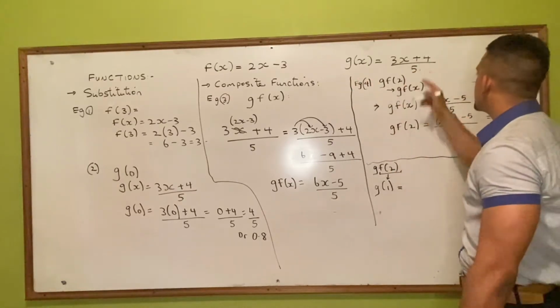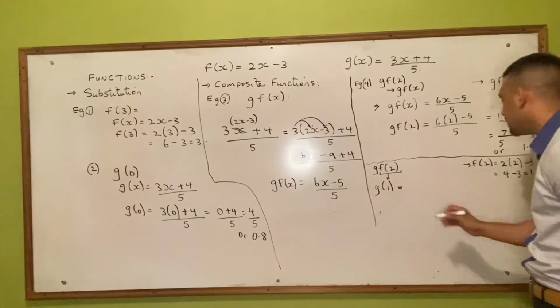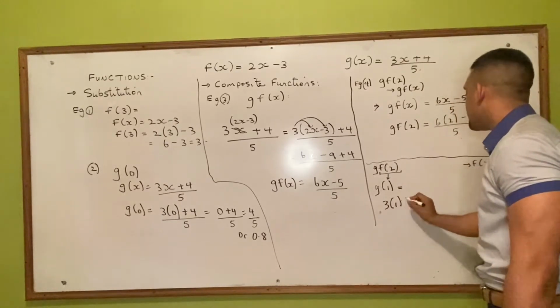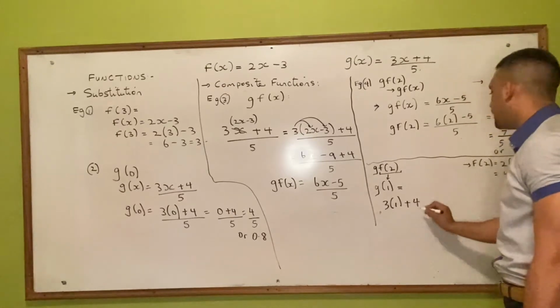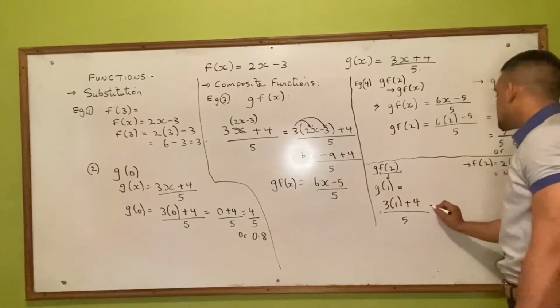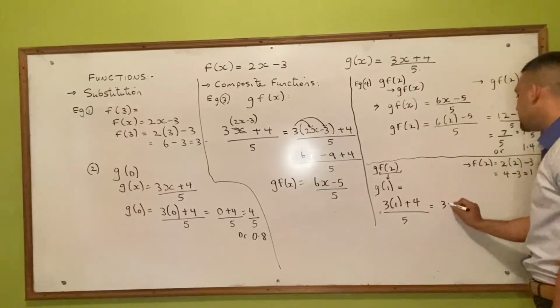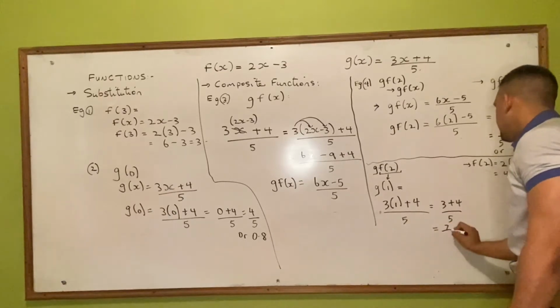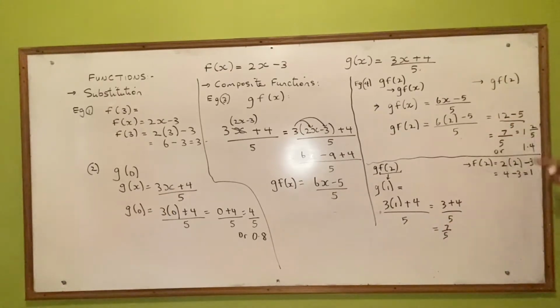The g of x function is 3x plus 4 all over 5. You're taking that function and replacing the x with 1, the number in brackets. So you get 3 open brackets 1 plus 4 all over 5. So when we reduce further, 3 by 1 is 3 plus 4 over 5. 3 plus 4 is 7 over 5, which is the same thing as we got on top here.